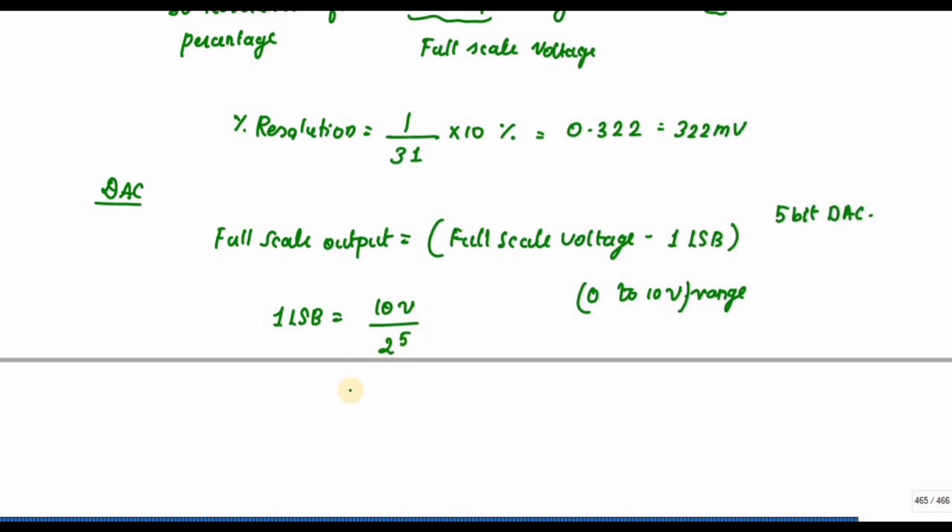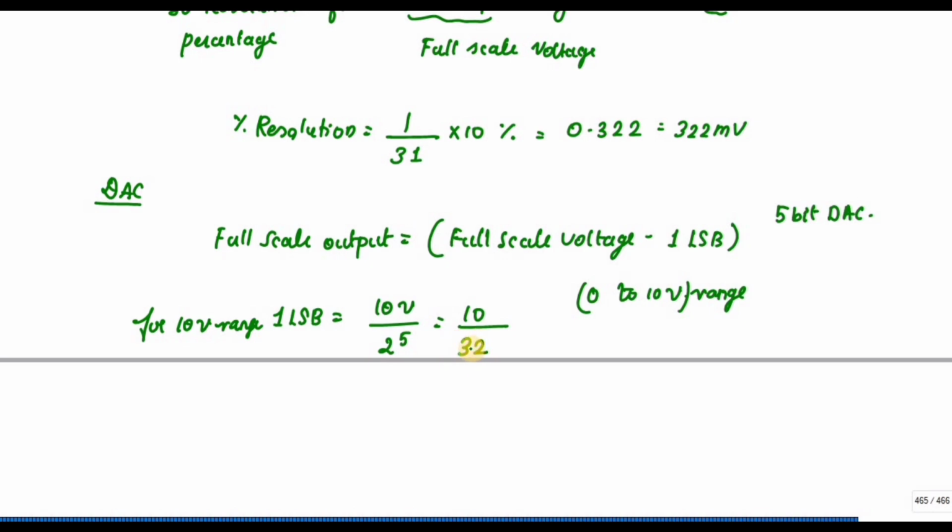For the 10 volt range, 1 LSB is equal to 10 volt divided by 32.